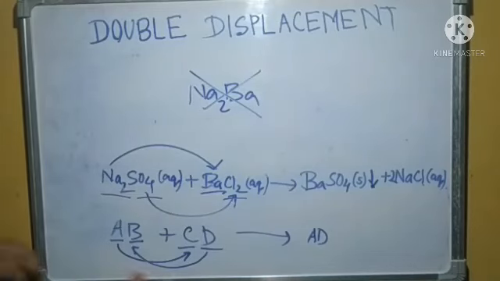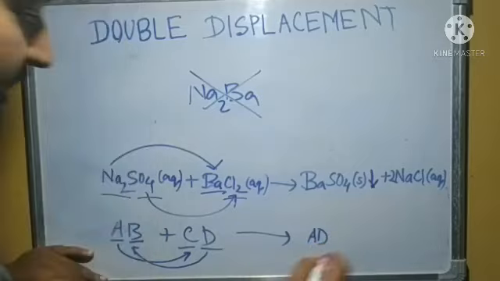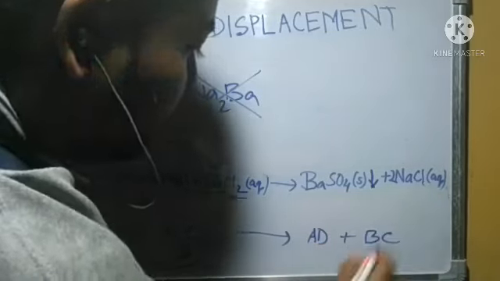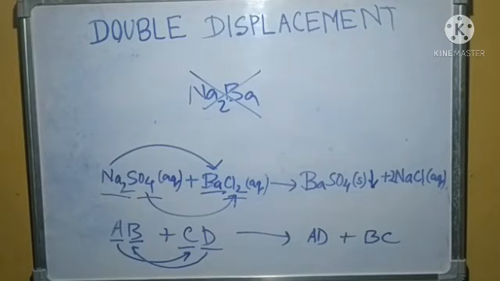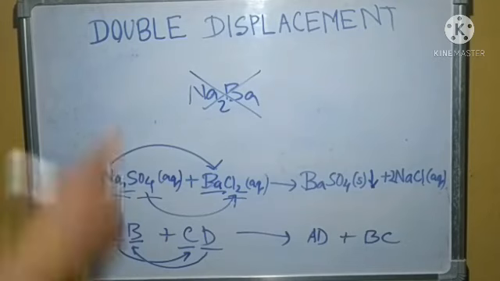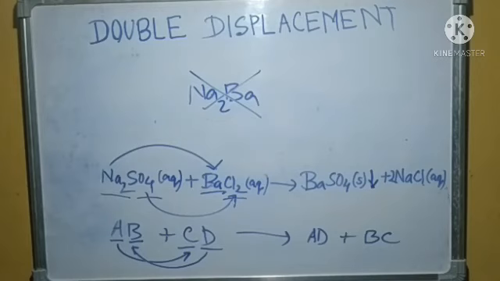So what you will see in this case is that it will give AD and CB. Okay, so that means the ions are interchanging. This type of reaction is a double displacement reaction. Okay, so how to identify?